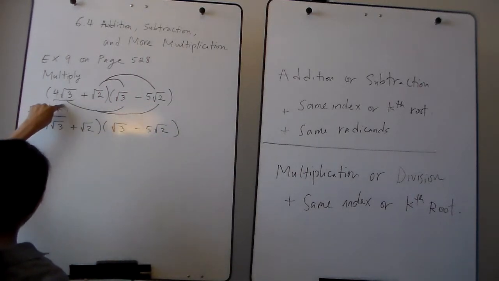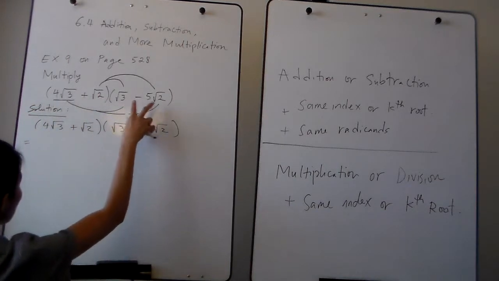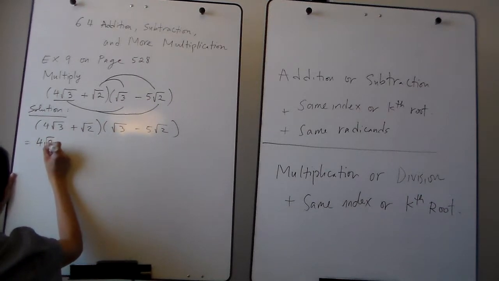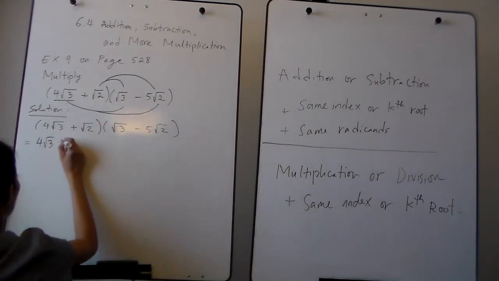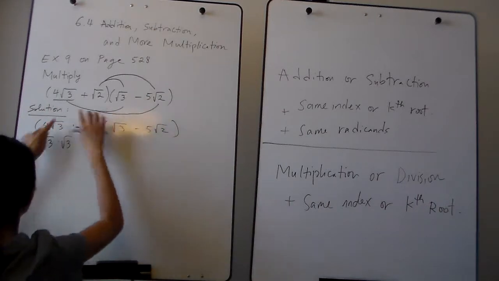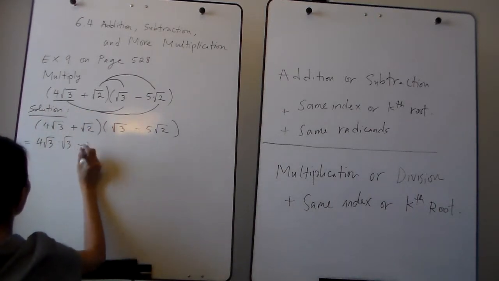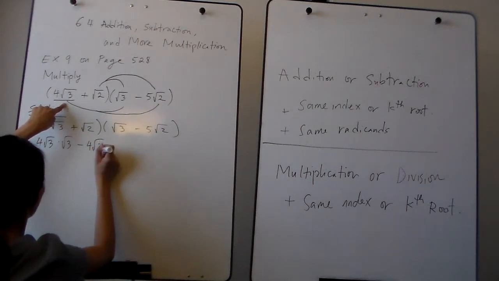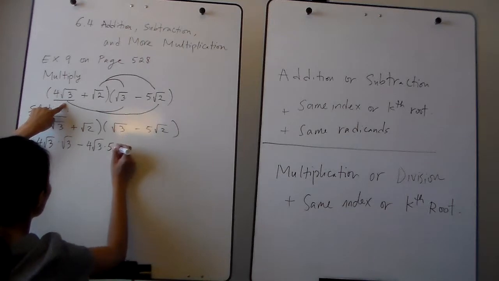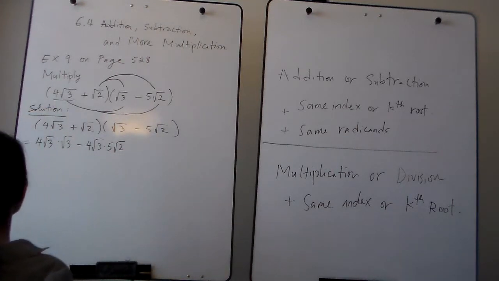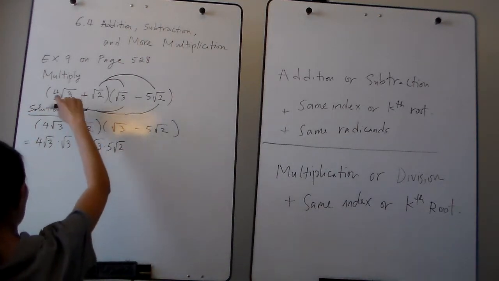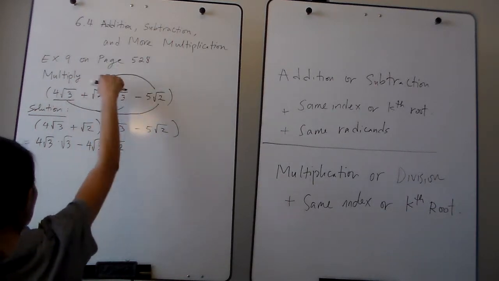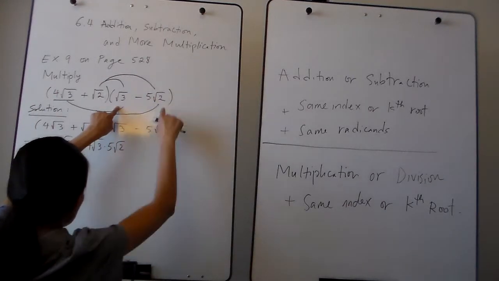So 4 square root of 3, the first term, multiply these two terms. Okay? 4 root 3 times root 3, and then subtract, because you continue, you get subtract 4 root 3 times 5 root 2. So we take the first term in the first factor, multiply it to each term inside the second factor.